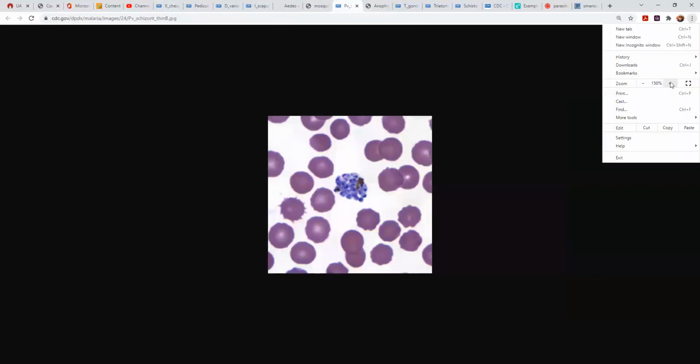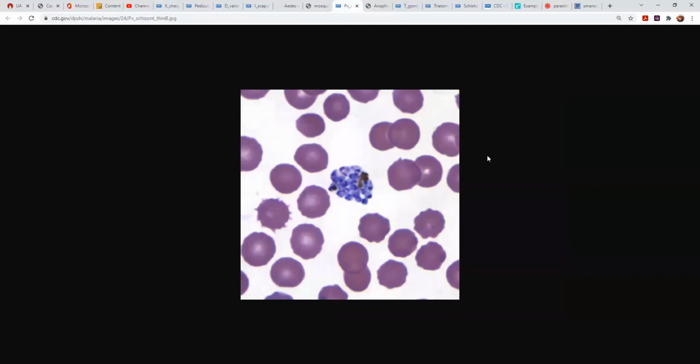So this is a blood smear of Plasmodium vivax, which is one of the species that can cause malaria. What you're looking at here is a blood smear, so all of these are going to be red blood cells. And right here in the middle, this is a stage in the life cycle referred to as a schizont.